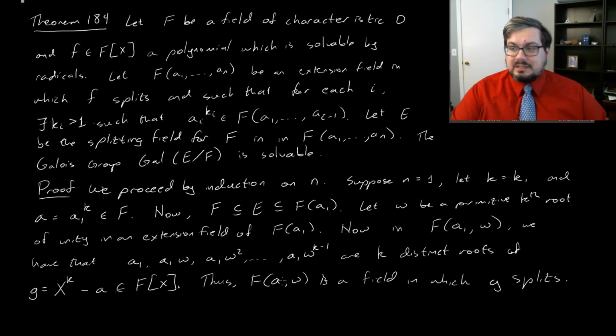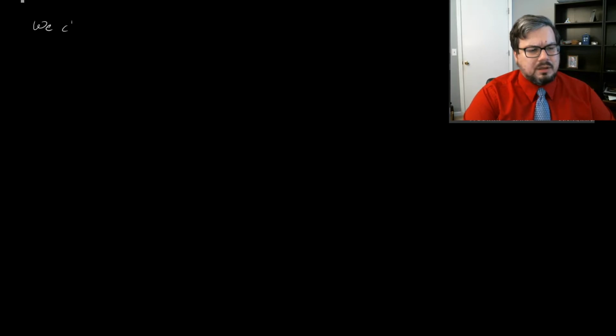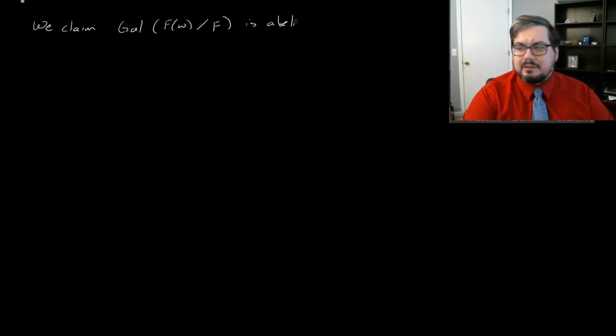Now, we're going to claim that the Galois group of F(omega) over F is abelian. We claim that the Galois group of F(omega) over F is abelian.